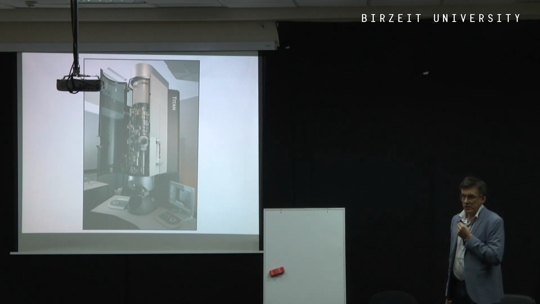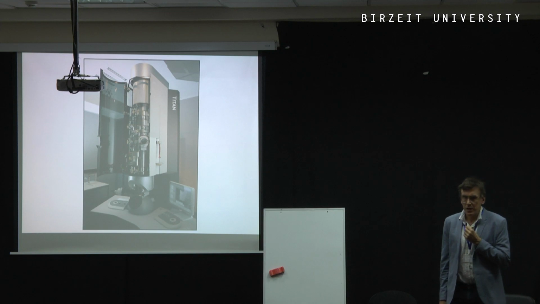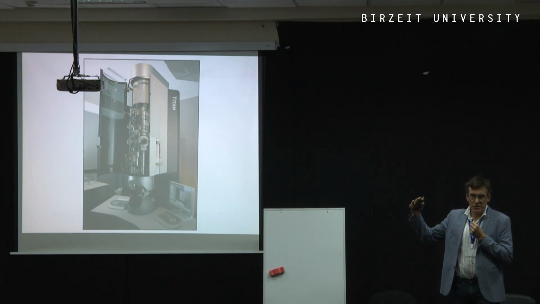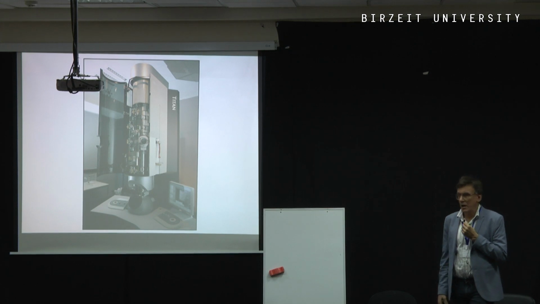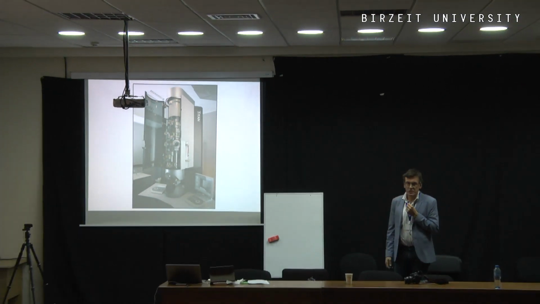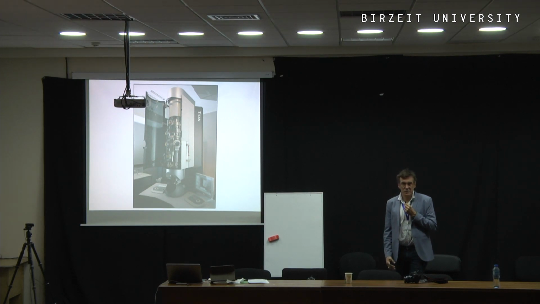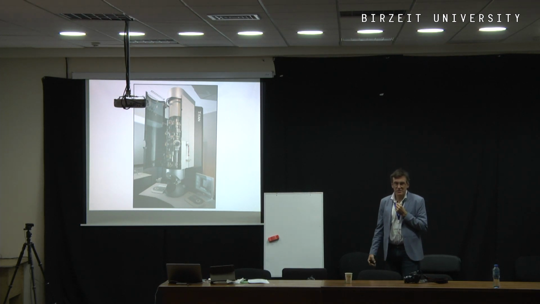So this is what a modern electron microscope looks like. And as I mentioned, we are looking at relativistic electrons, but we are also looking at matter on the atomic scale. So in some ways, you could think of it as a physics experiment which mixes special relativity and quantum physics.